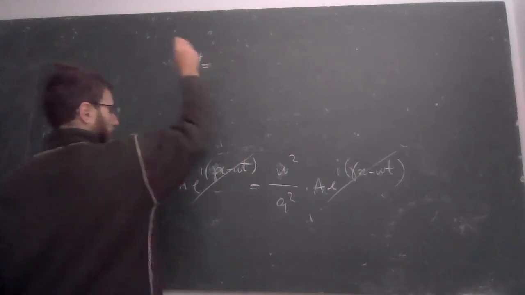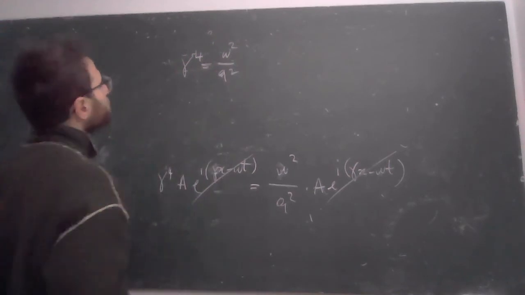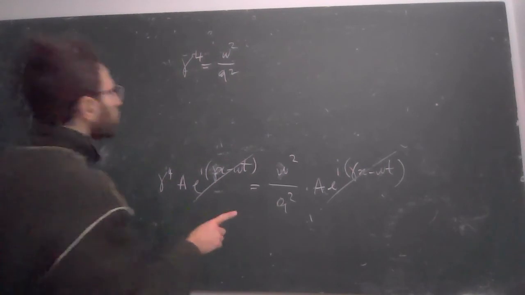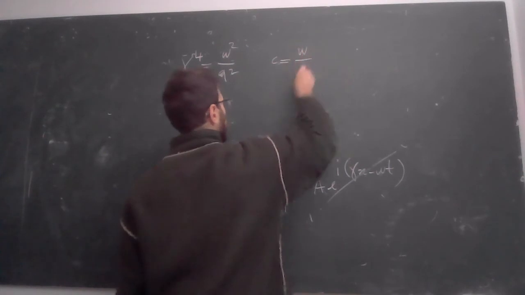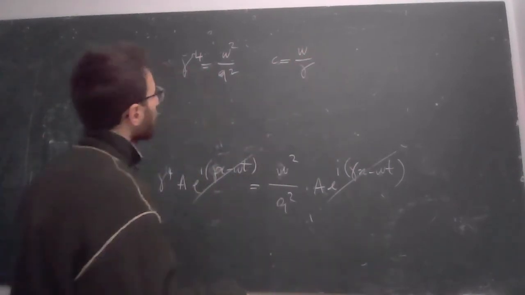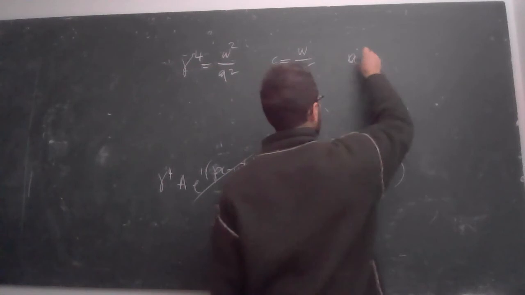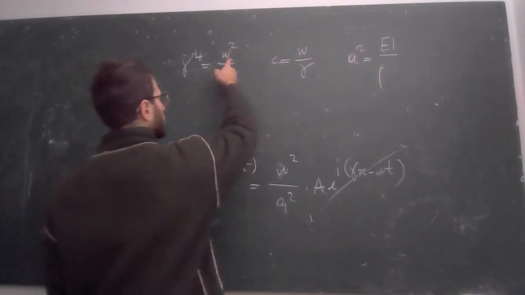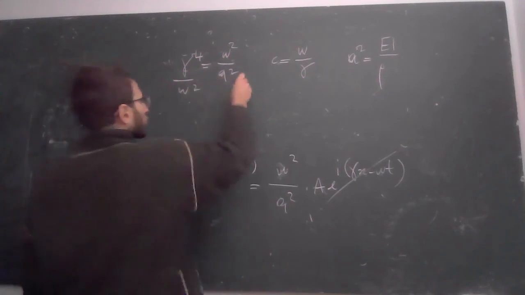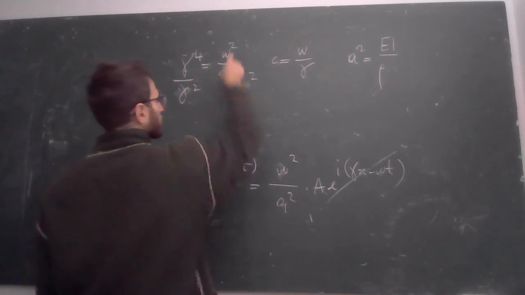We know that c is the phase velocity, omega over gamma, and we also know that a squared is E over rho. Divide by gamma squared both terms, and we will have c squared.